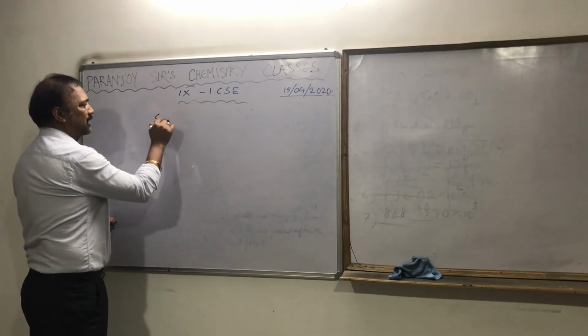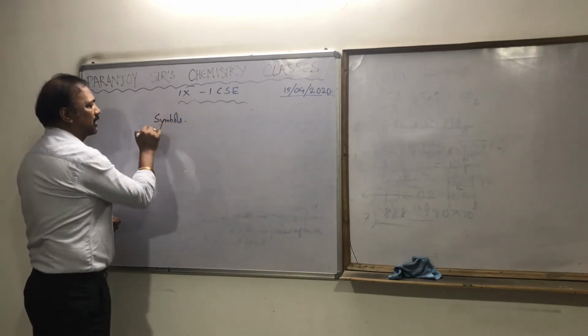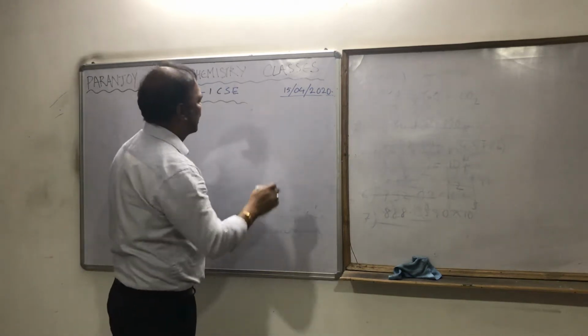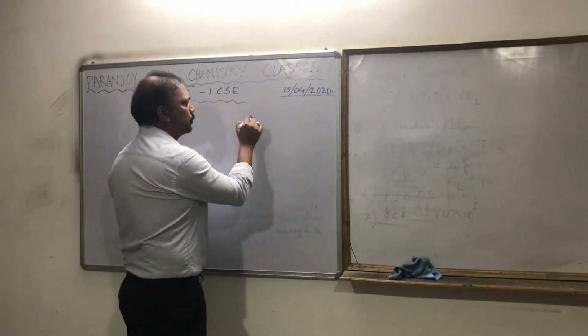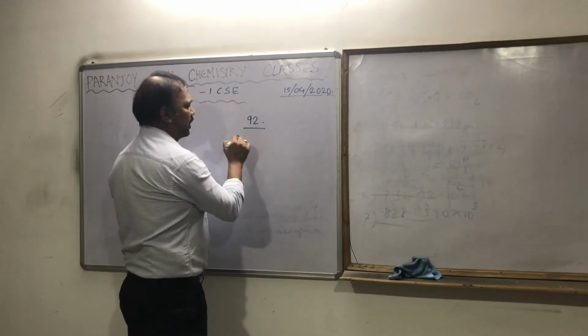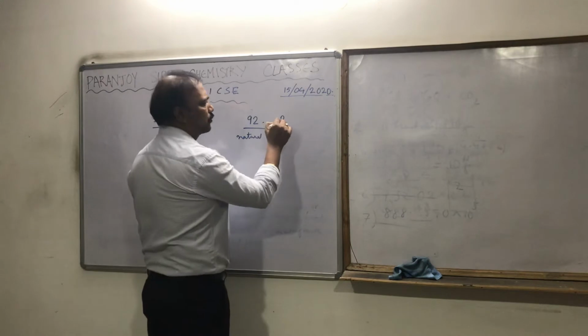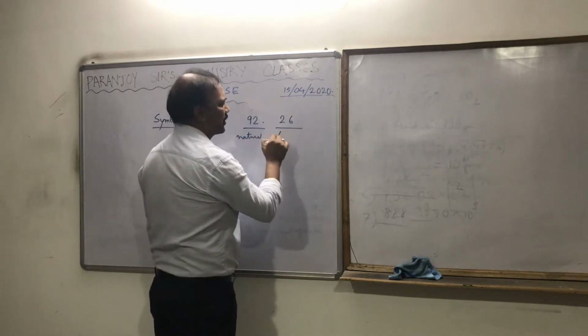Okay, first symbols. What are symbols? I told you last day that there are 92 natural elements present and 26 artificial or man-made elements present.